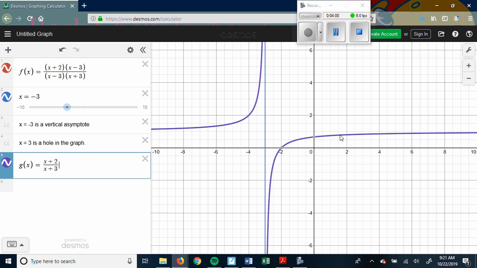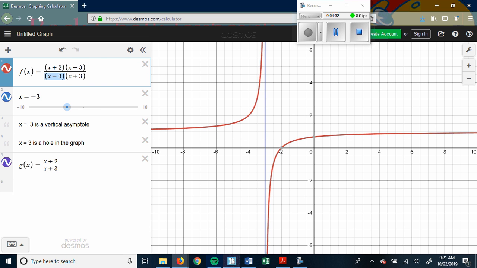If we go to the purple graph, we get a value at 3 right there, 0.833, but remember we saw a hole on the red graph. So actually the red graph and the purple graph are not the same. They're the same for every other point except for x equals 3. Because we have this in the denominator here, you must exclude it. So different functions, but the graphs look the same.